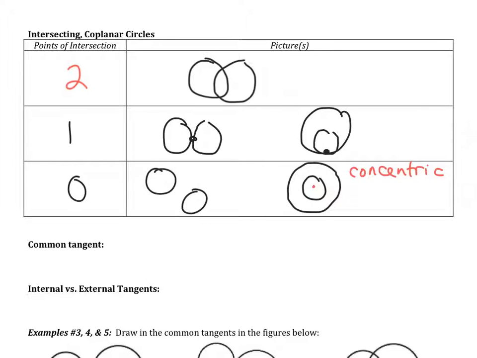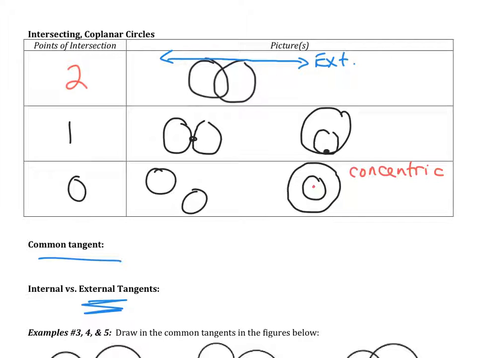Now, the reason why we're talking about this is because it's going to lead us into common tangents. Tangents are lines that touch the circle. A common tangent just touches two circles. So for example, with our picture up at the top, I can draw a common tangent that touches both circles. Now, when it is on the outside of the two circles and doesn't pass in between, this is known as an external tangent.